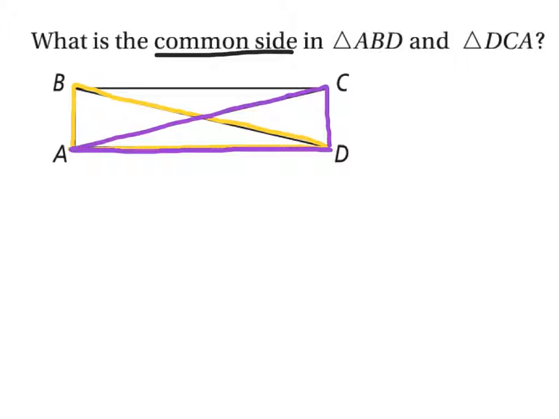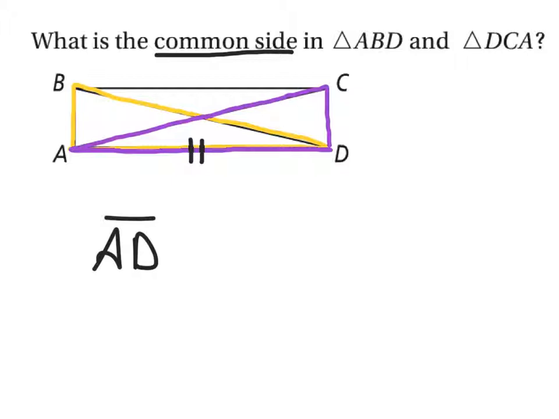All right, so looking at those two triangles, do they have a common side? What do you think? AD. Yeah, line segment AD. Absolutely. Line segment AD. That is the side that both triangles have in common.